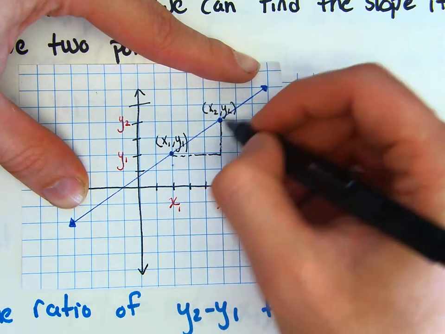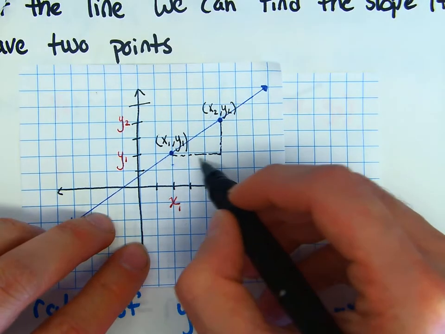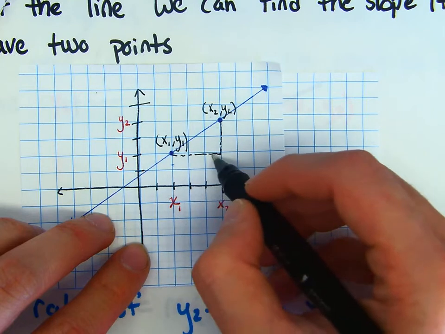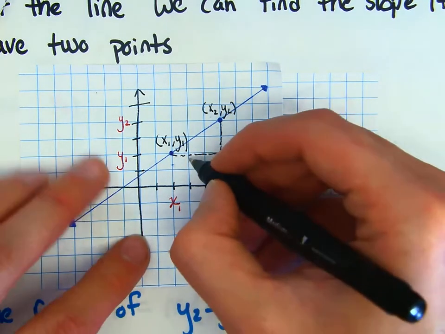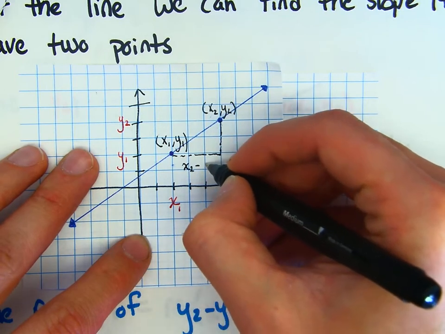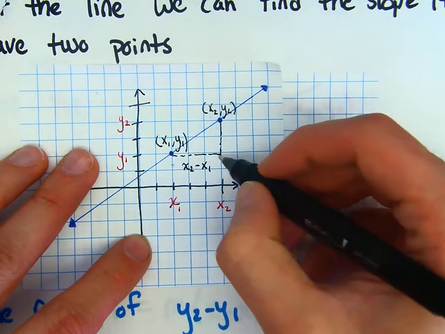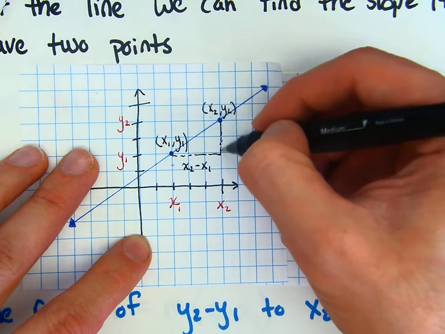Notice that we're creating this triangle. How would you calculate this side? You would have it as x sub 2 minus x sub 1, because you're finding the distance from here to here. And then how would I find the distance from here to here?